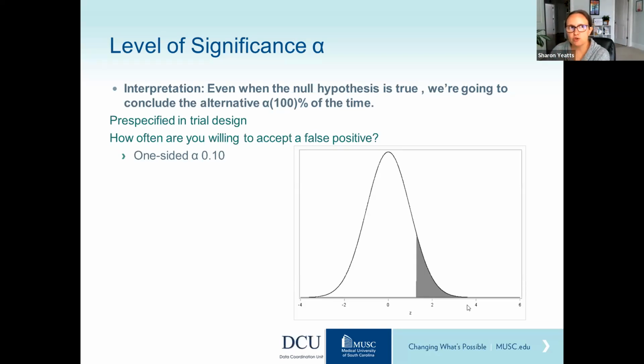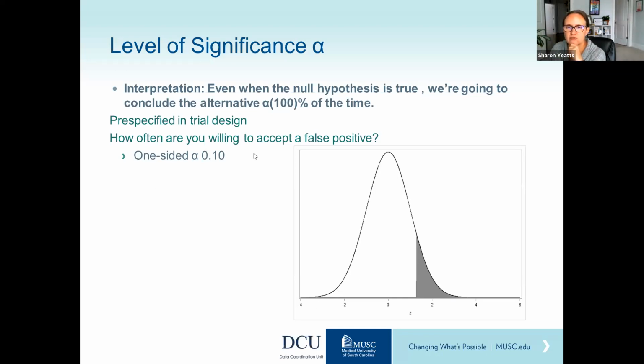But I want to show you how considering various alpha levels will potentially impact your sample size calculation. So we're looking here at a one-sided alternative just for ease of graphics. And what I'm showing you here is a curve that represents the distribution of the test statistic that one might see under the null.